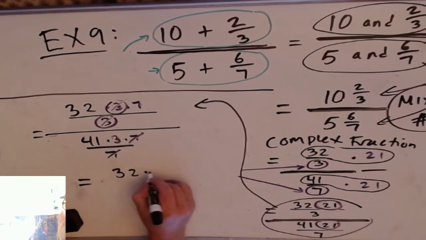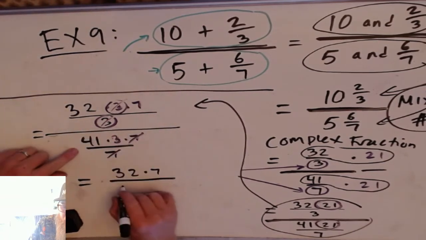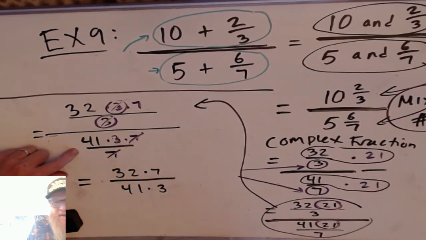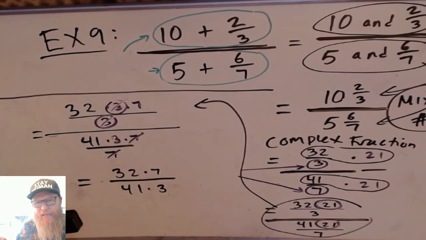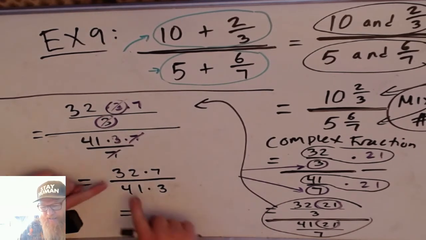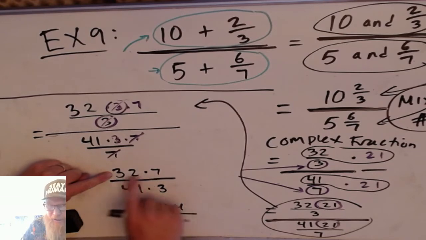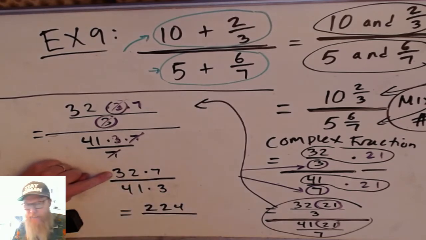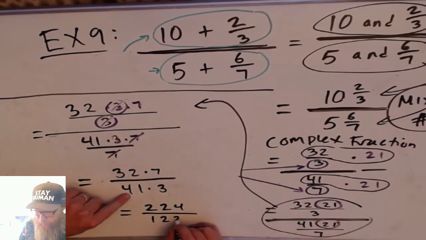So now I have 32 times 7 over 41 times 3. See if you can do any more canceling. If you can't, then you're done. 32 times 7 is 224. I just guessed. I should probably check that in a minute. 41 times 3 is 123.